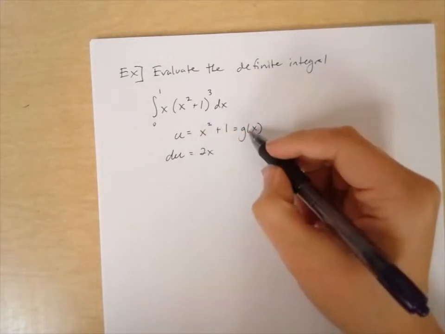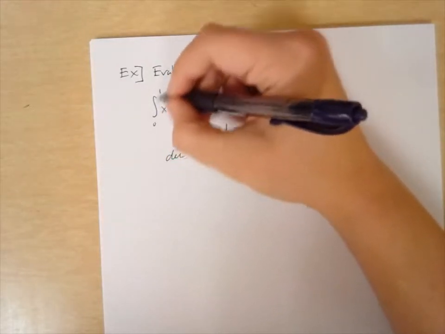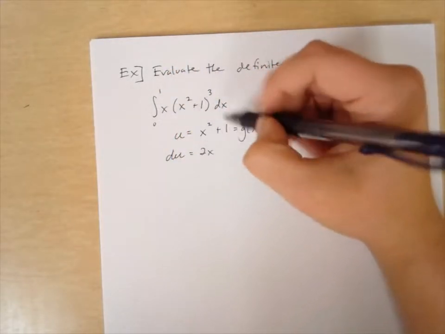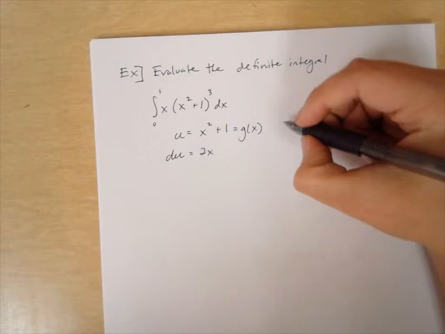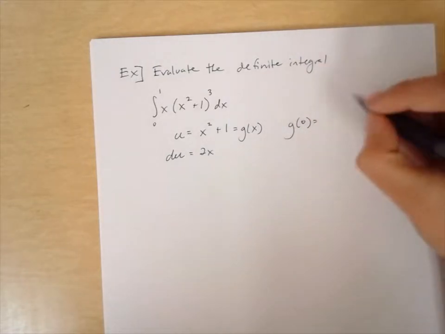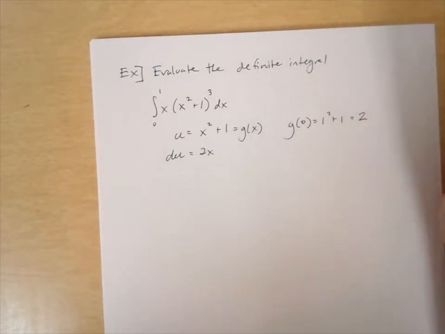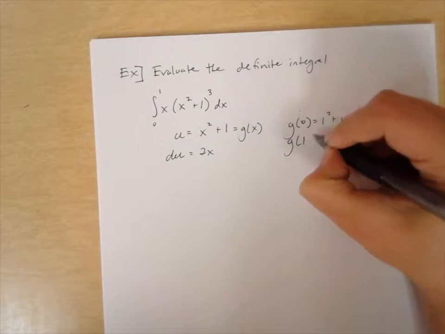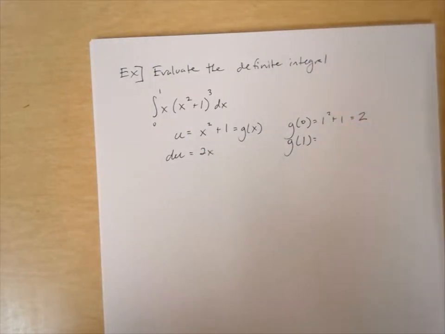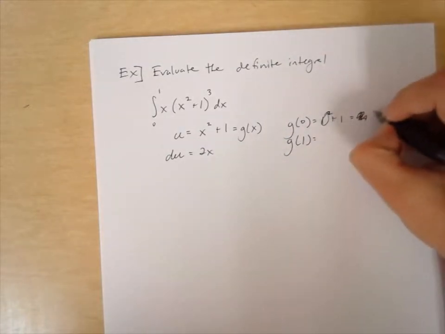Using this as g of x, we can create new limits, new bounds for our integral. Instead of 0 and 1, we're going to throw 0 and 1 into this g of x to find the new limits. So g of 0 is 0 squared plus 1, which would be 1.